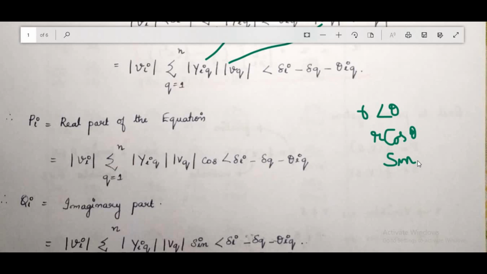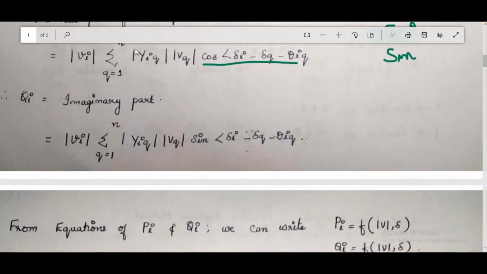This is the real part, and the imaginary part becomes R sin theta. So likewise we have written the real part of the equation as the same equation with cosine of that angle. That is our real part. And our imaginary part is the same equation with sine of the angle. So you have separated out the real part and the imaginary part. So what is the real part?